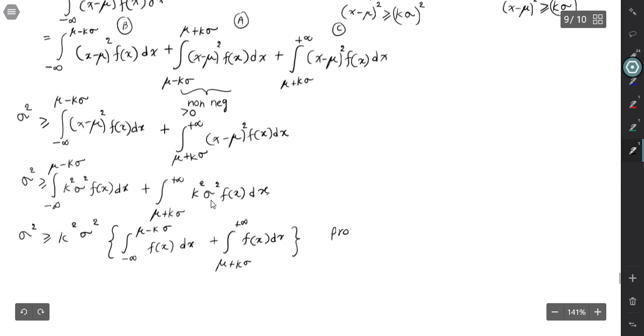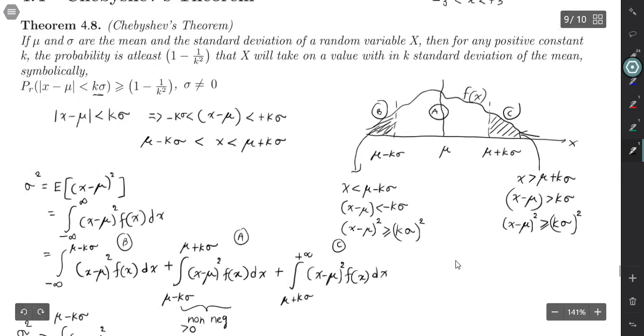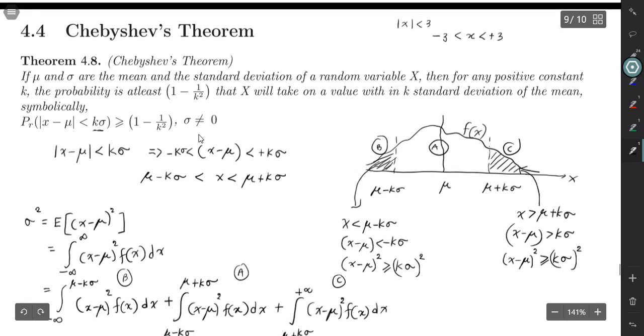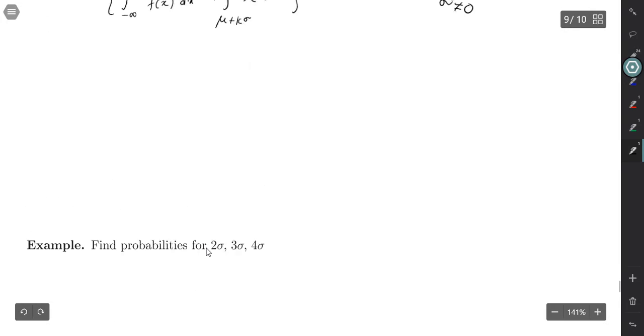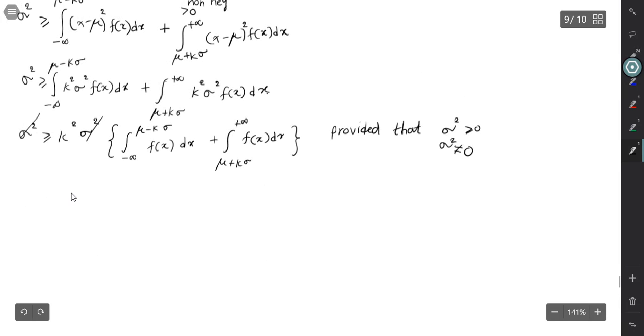provided that sigma square is positive and it is not equal to 0, you can cancel the sigma square. If sigma square becomes 0, you cannot do that, but it is provided in our theorem that sigma is not equal to 0. So you can cancel it in this inequality.